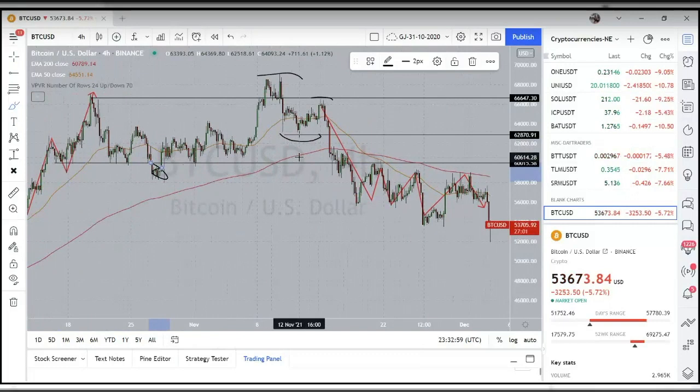So I'm out of that now, and I did start longing from 53K, but I added higher at like 58, hoping that we would break back above 60. My average got brought back up to like 56, and once we got back to 53K, I got stopped out.